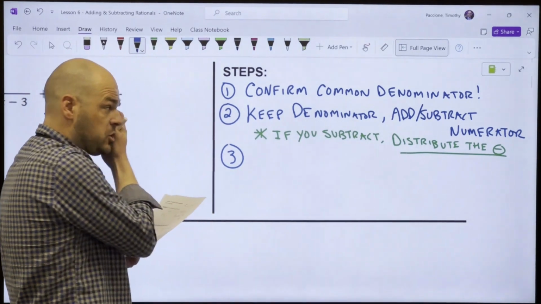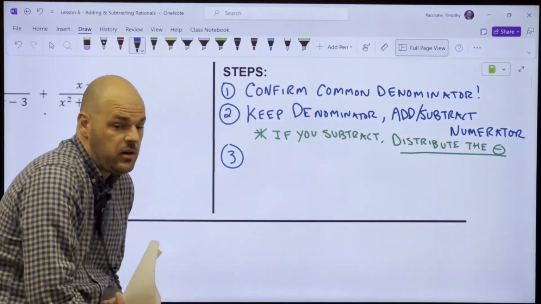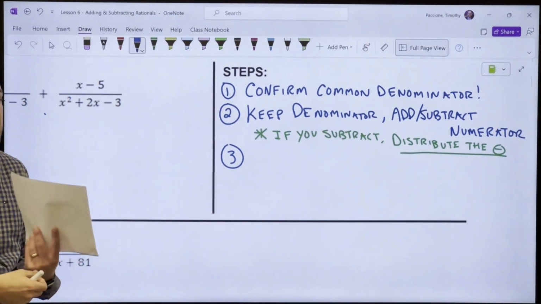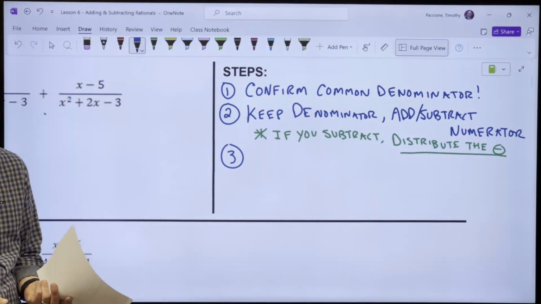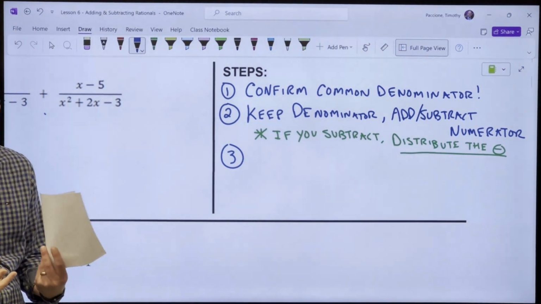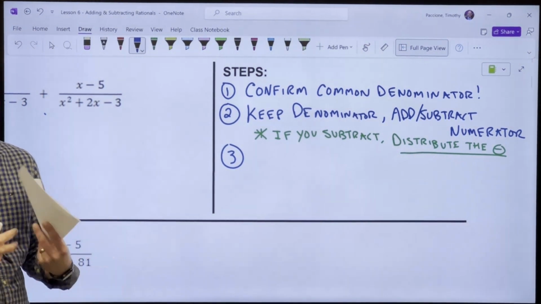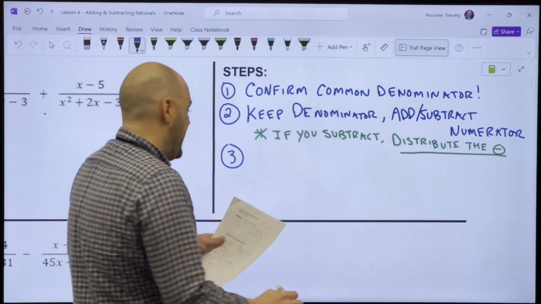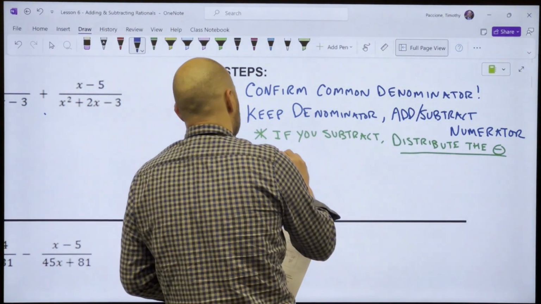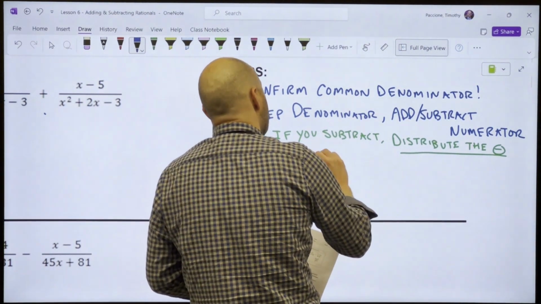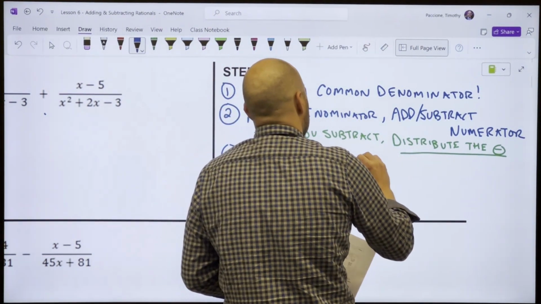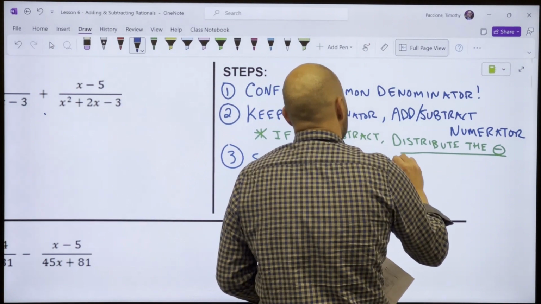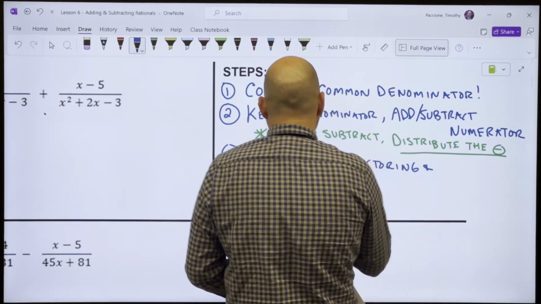All right, once I've distributed, I brought it all together, I'm done, right? Just like when I had 8/12, I was done, right? No, I always check if it can be simplified, and we use factoring to help us with that. So I simplify by factoring and canceling.